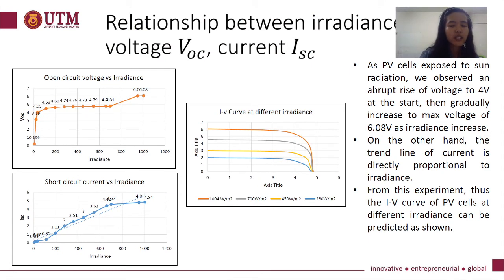Next, once the soldering process is done, I do an experiment to investigate the relationship between irradiance, voltage, and current. As you can see, at a maximum irradiance of 1000 watt per meter squared, the open circuit voltage is up to 6.08 volt and the short circuit current is 4.84 ampere.